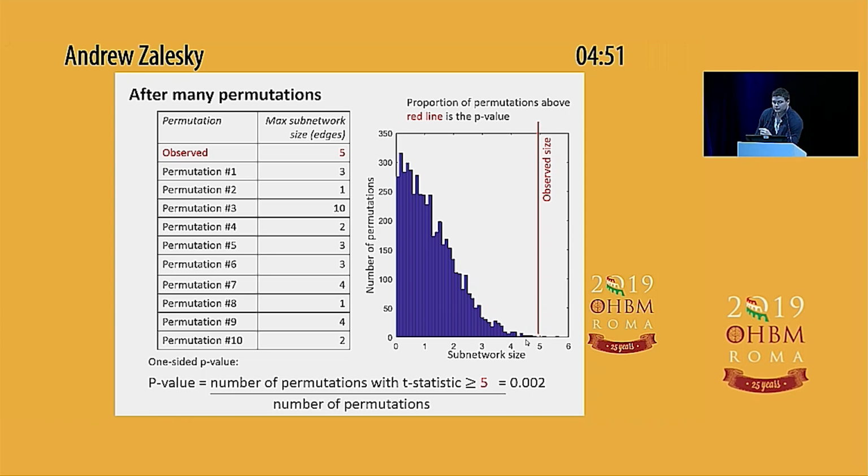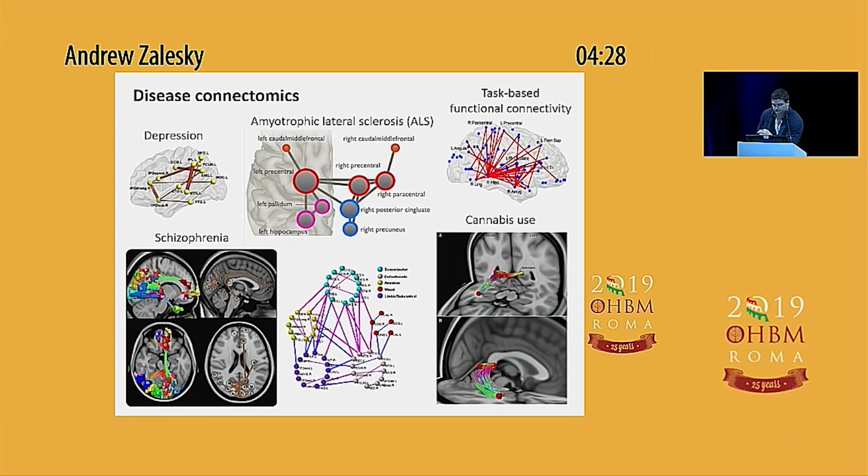Not many of these permutations resulted in a connected component of size 5 or greater. In fact, we can compute a family-wise error-corrected p-value just by counting; it's given by the proportion of permutations for which the maximum subnetwork was greater than or equal to 5. And so this way we can ascribe a p-value to a connected component.